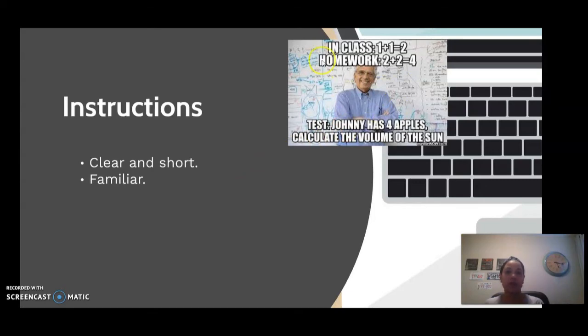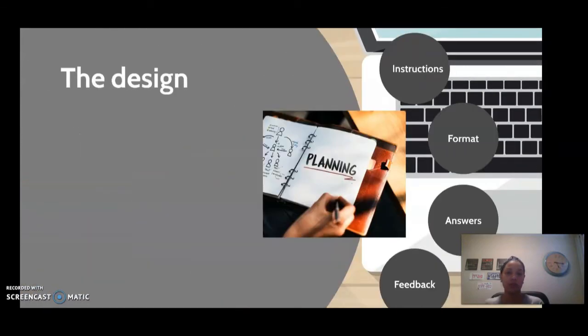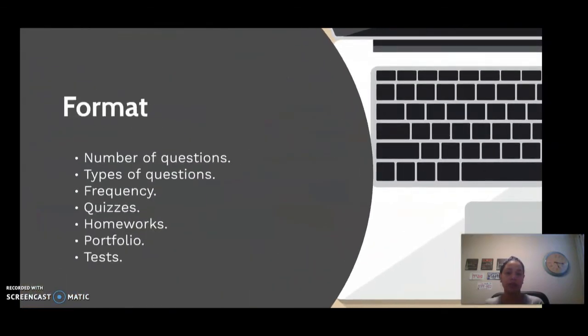So for example, here this is a sample. In class you have an instruction for homework, you have another one, but during the test it's a complex instruction, so they get confused, right? Now, format. So as I told you before, they should be familiar with the different kinds of formats.